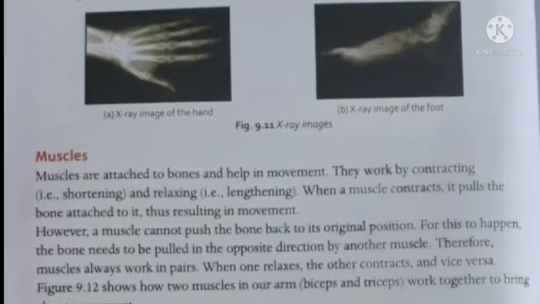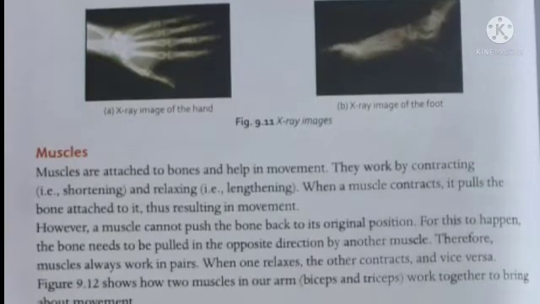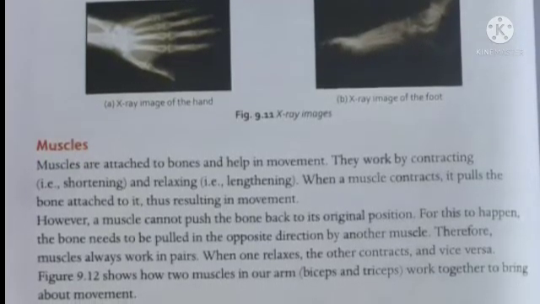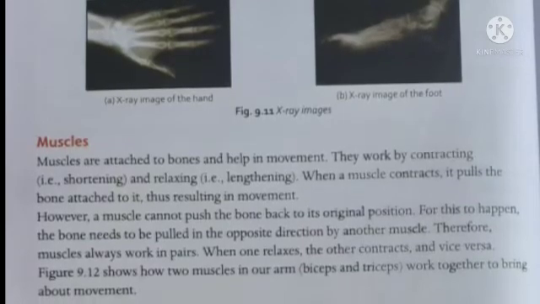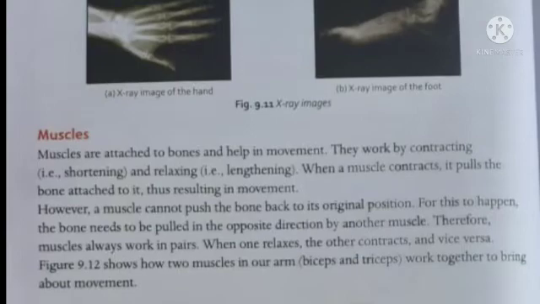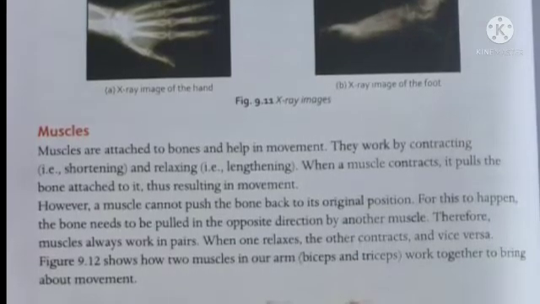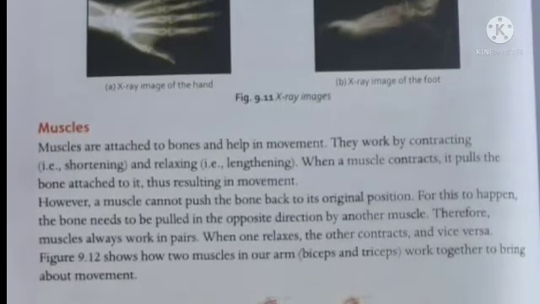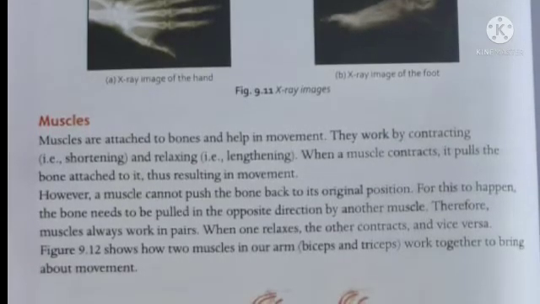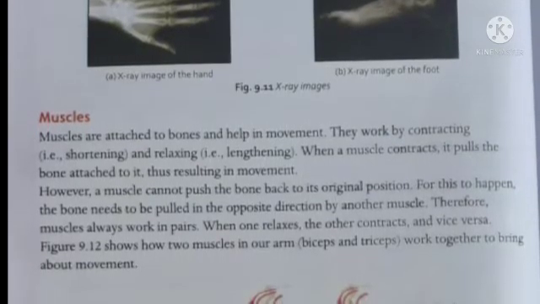Now students, the next topic is muscles. So muscles are attached to the bones and help in the movement of our body. They work by contracting or relaxing, which means shortening and lengthening. Now students, when the muscle contracts, it pulls the bone attached to it, thus resulting in movement.